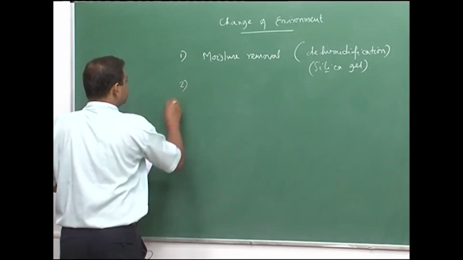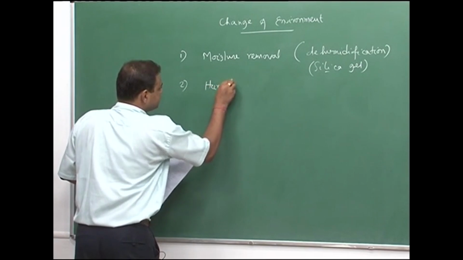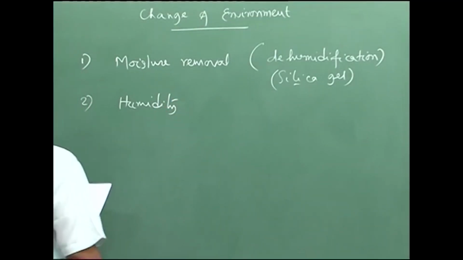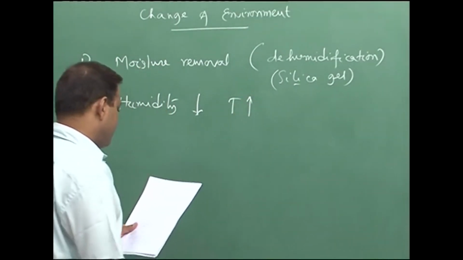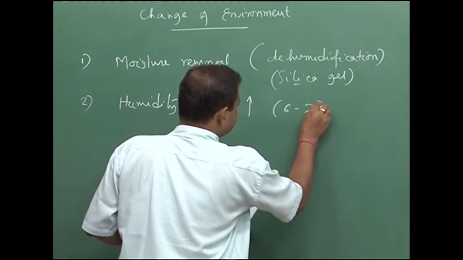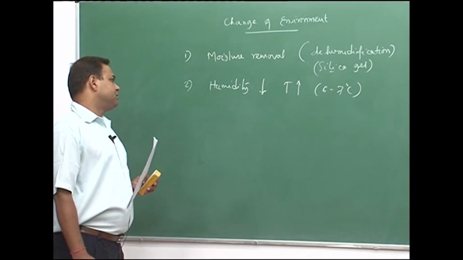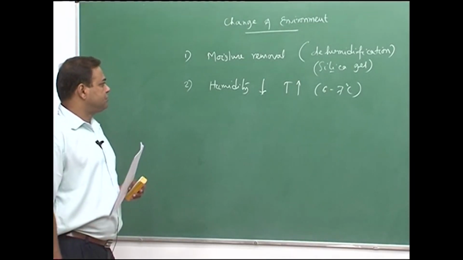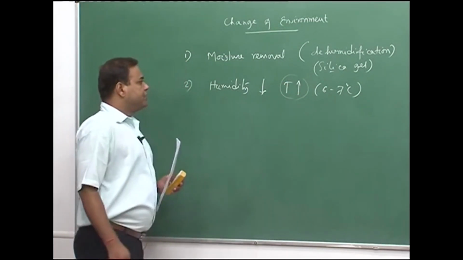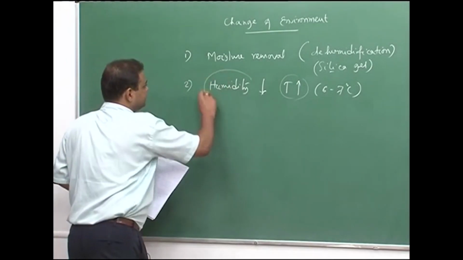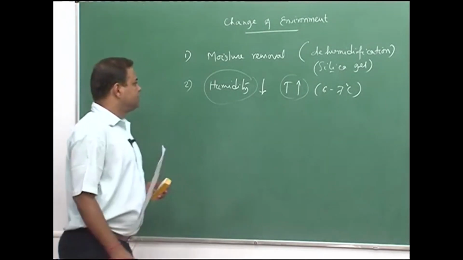Then we can also decrease the humidity by increasing the temperature by around 6 to 7 degree Celsius. Though with the increase in temperature the corrosion rate generally increases, that increase will be superseded by the decrease in corrosion rate due to the lowering of humidity. So, this is another way.